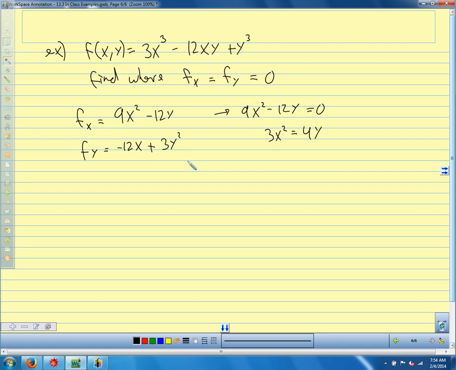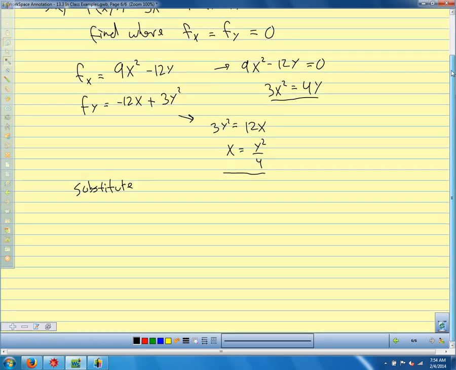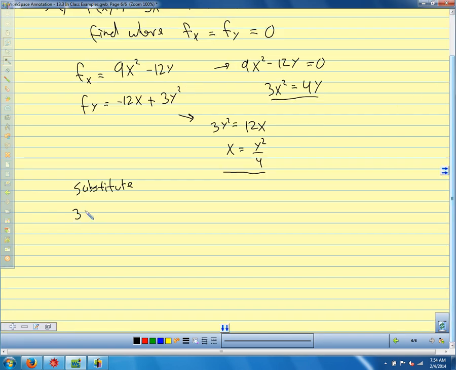And from this one, I want 3y squared equals 12x, and I can solve this and I get x equals y squared over 4. And I'm going to substitute this in for x. So I set both of these equal to 0, substitute, and I get 3 times y squared over 4 squared equals 4y.